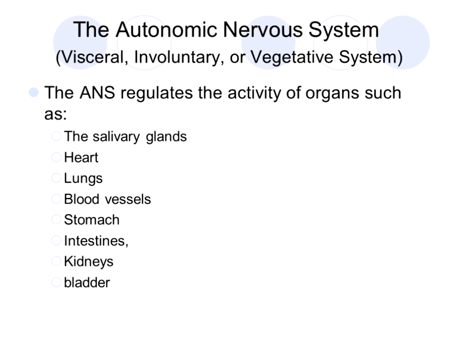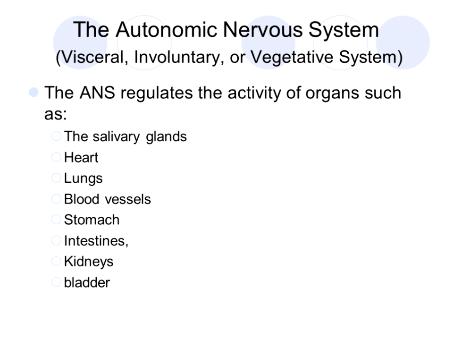If it is efferent, then information is motor in nature. And so it causes some type of motor response to occur in some type of visceral organ or gland or in a muscle or whatever.